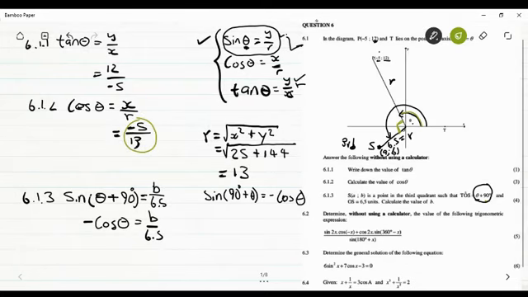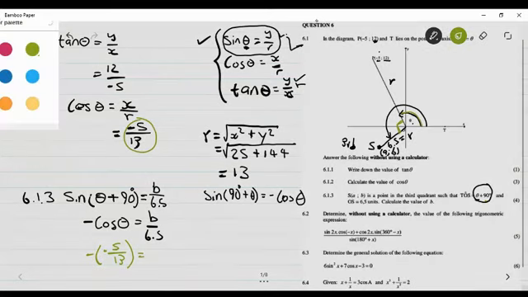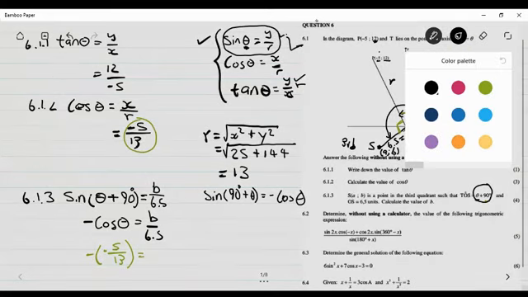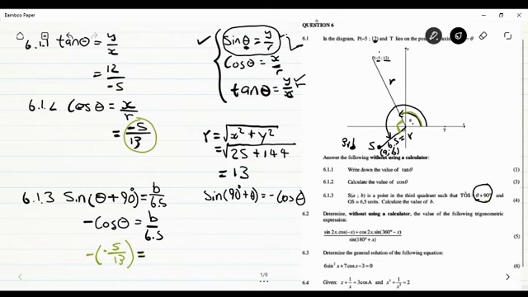So we can just write in the place of cos theta negative 5 over 13. See. So now that you can see this, we can then equate this to B over 6.5, and then manipulate this equation so that it gives us the value of B.